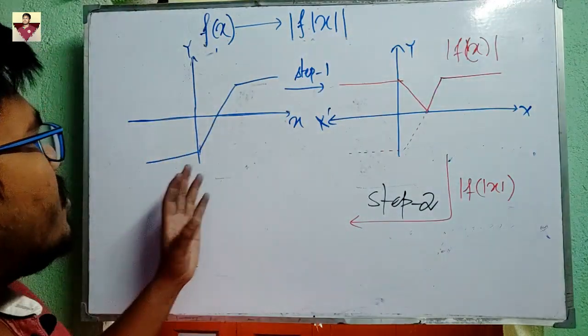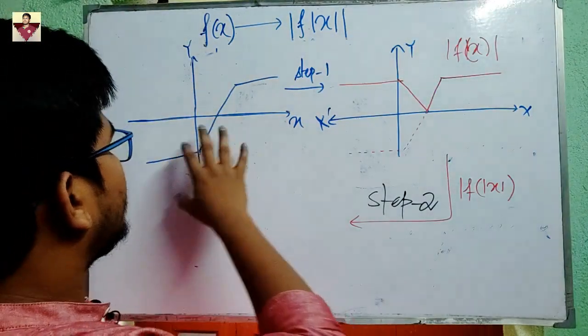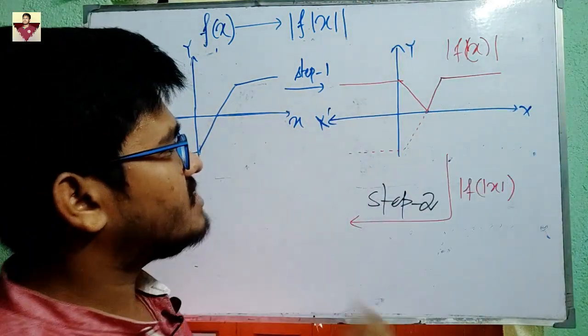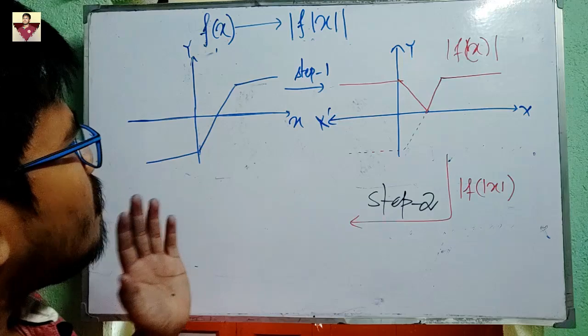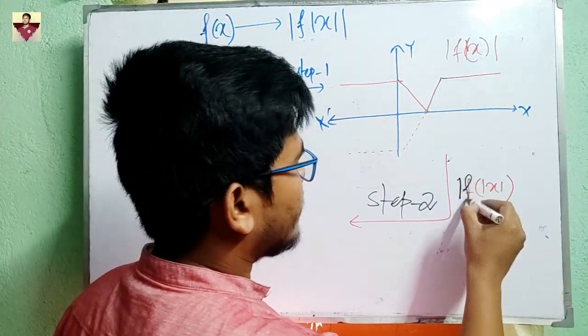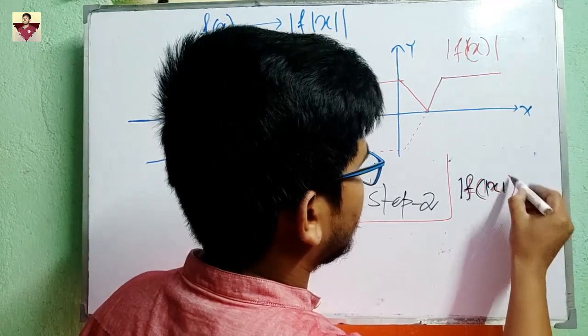Now, we have got from step 1 that the negative part will be converted to the positive part of the y-axis, taking the x-axis as the mirror plane. Now for the final part, that is mod of f of mod of x.